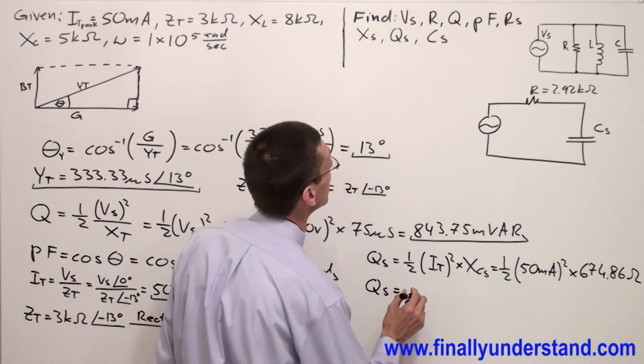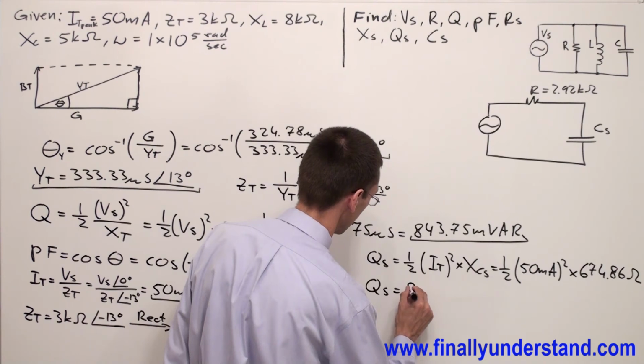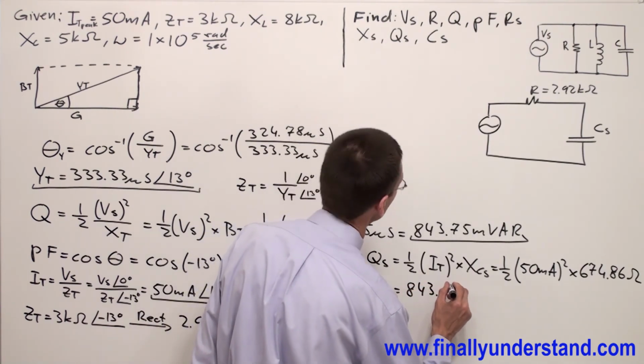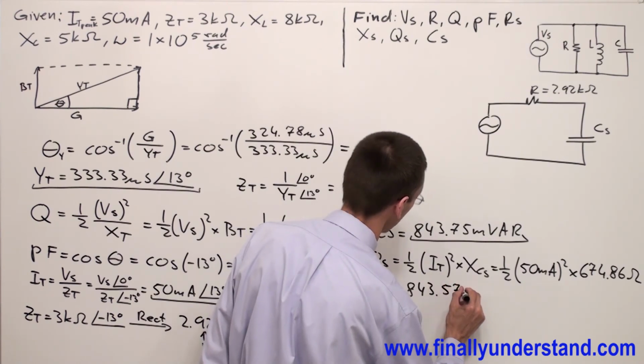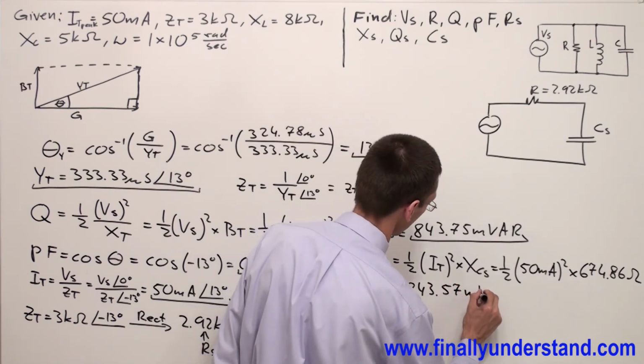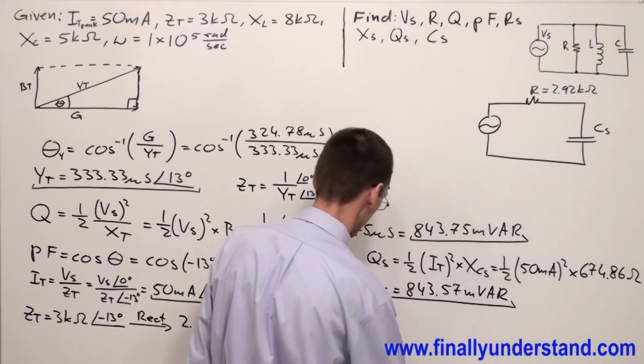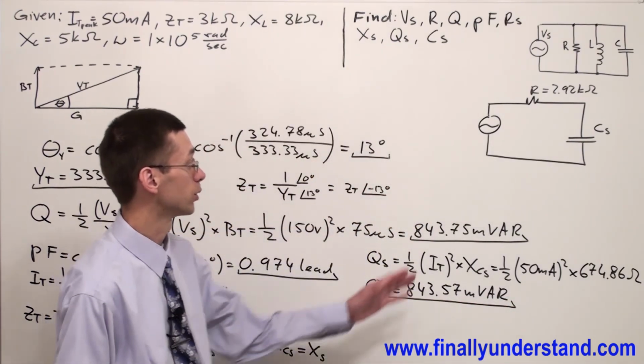Qs is equal to 843.57 millivolt ampere reactive. This is the reactive power in my series equivalent circuit.